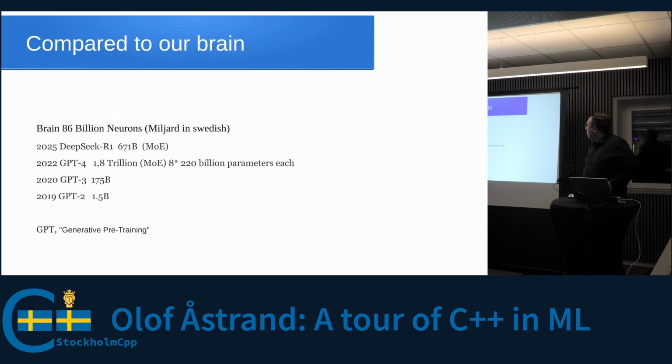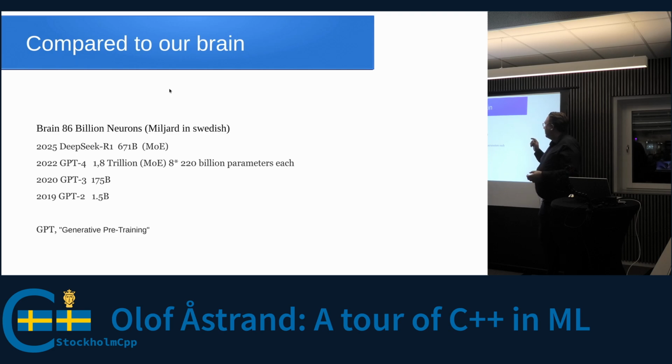If you compare it to our brain, a brain is about 86 billion neurons. And of course, a parameter is not the same as a neuron, but it gives you an idea of how many neurons there are in a brain, 86.